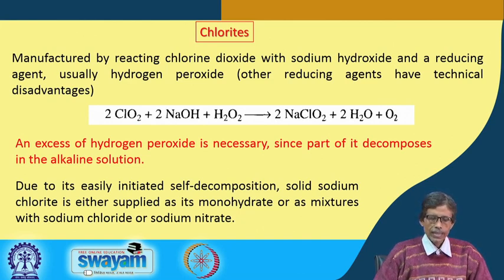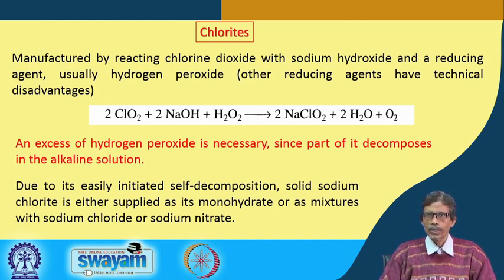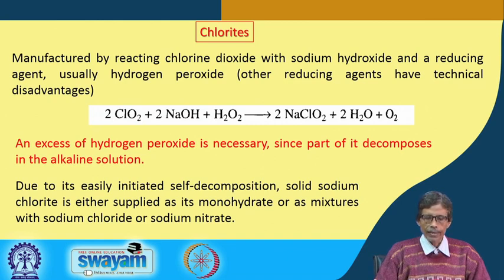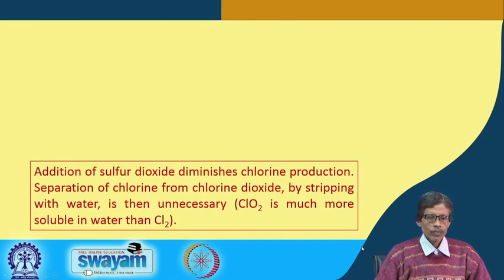So, these function as stabilizing effects. One is crystallization as the monohydrate, where the crystals are not that susceptible to decomposition. Another way of avoiding the self decomposition is the use of sodium chloride or sodium nitrate as the stabilizing agent for NaClO2.